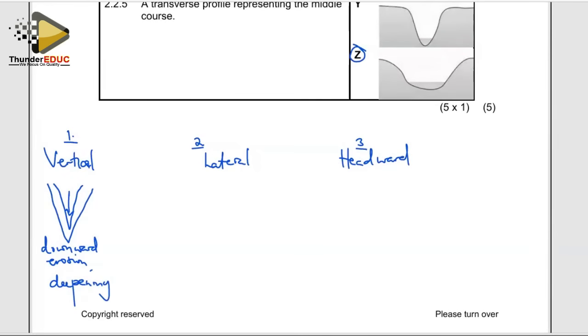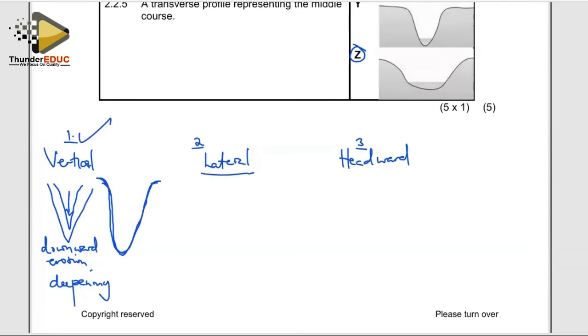The river channel becomes deep. That is why you tend to find valleys in the upper course. They are V-shaped. Why? Because there is more of vertical erosion. This valley is not widening, but is rather getting deeper and deeper. That is why you tend to find landforms like gorges in the upper course. It's because of the dominance of this type of erosion, which is vertical.